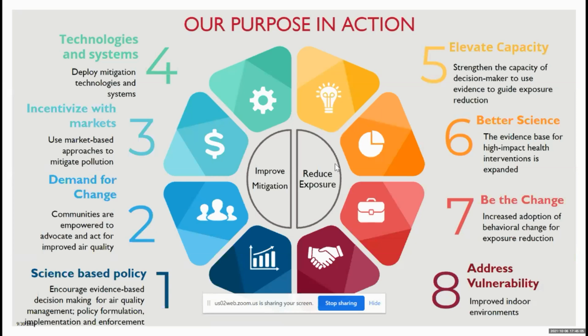You can see these 8 different avenues through which we are working towards improving mitigation and reducing exposure. They vary from individual-level behavior change to policy-level engagement and action, to science and technologies, to engaging with markets to better support cleaner air.